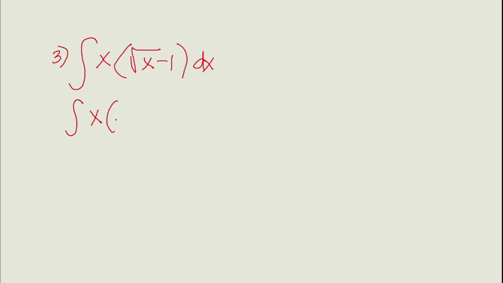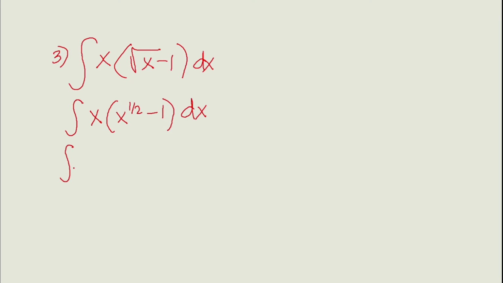Okay, next we are now in number 3. We have the integral of x times the square root of x minus 1 dx. Alright, we could simplify this: x times (x raised to 1/2 minus 1) dx.